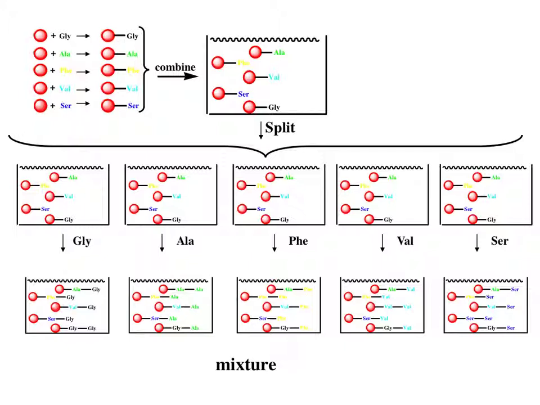And so in this case, instead of having 25 separate syntheses, you have just 2 syntheses happening, because you're doing one reaction, shown here, but you're combining them. Then you're splitting them, and then you're doing a second reaction.